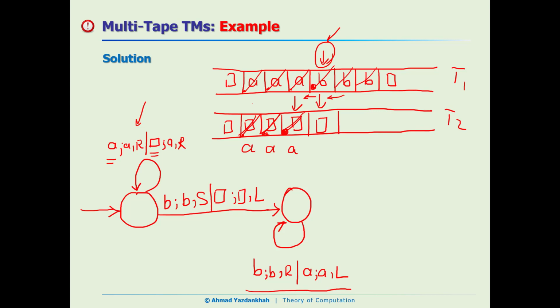At the end of this loop, this cursor is pointing to this blank, and this cursor is pointing to this blank. And then, if really the number of B's and A's are equal, then we need to get this. If it is blank, don't change it and go to the right or left or even stay. We don't care about this. And on tape number 2, it should be again a blank.